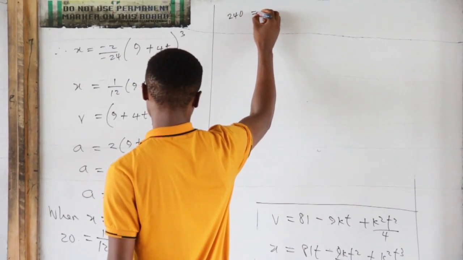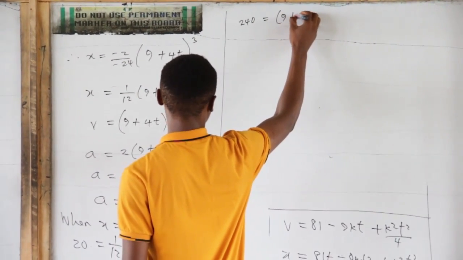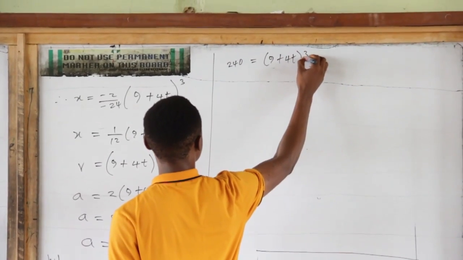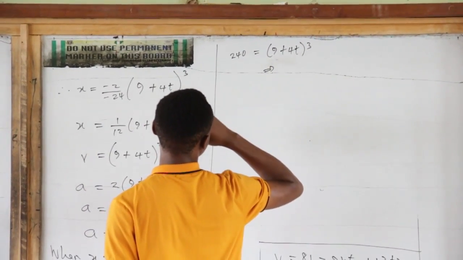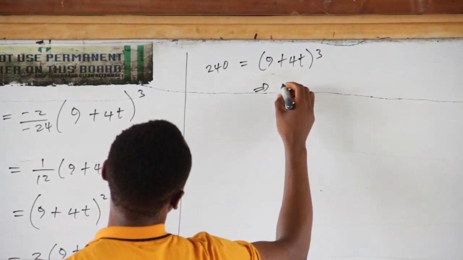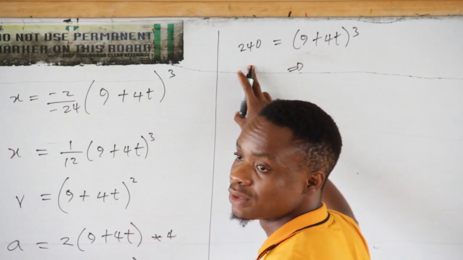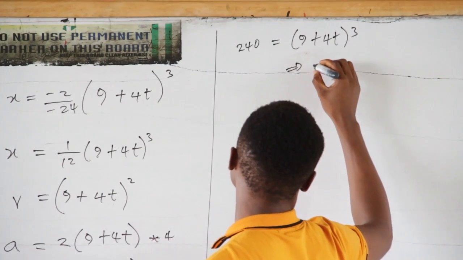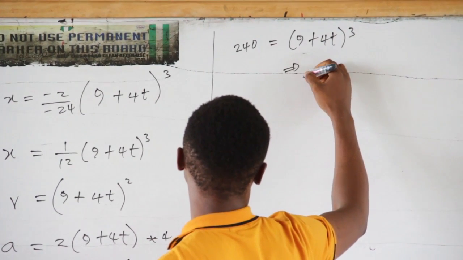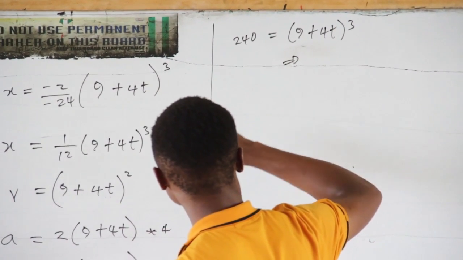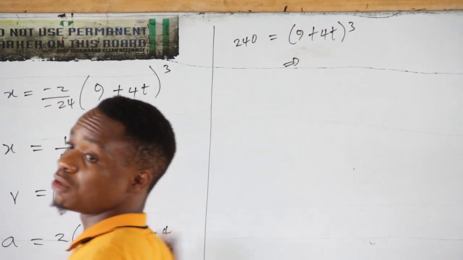240 is equal to 9 plus 40 raised to power 3. What do you call the cube root of this? How do you know this cube root?